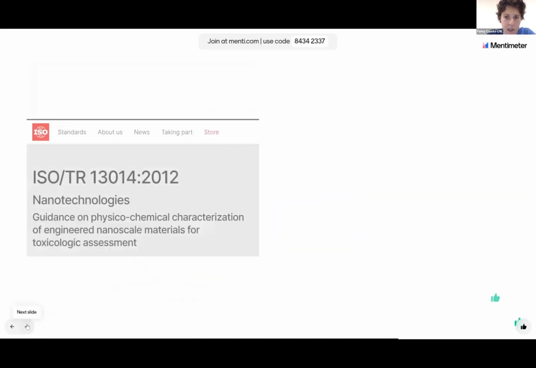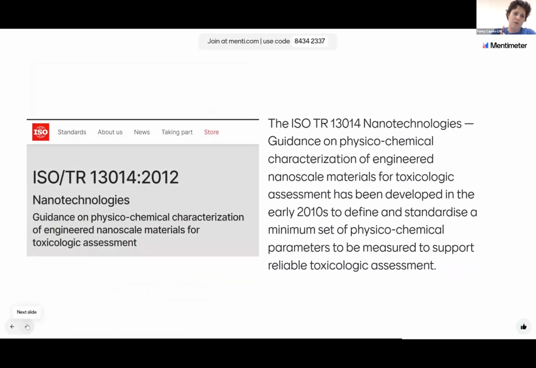So the first question that we have is the following. We are referring to and considering an ISO document, which is the 13014, that was developed in 2012, if I remember correctly, yes.